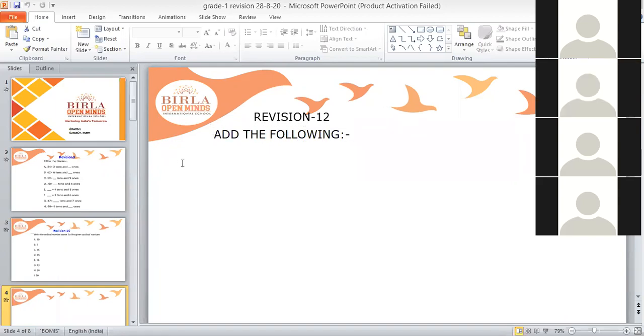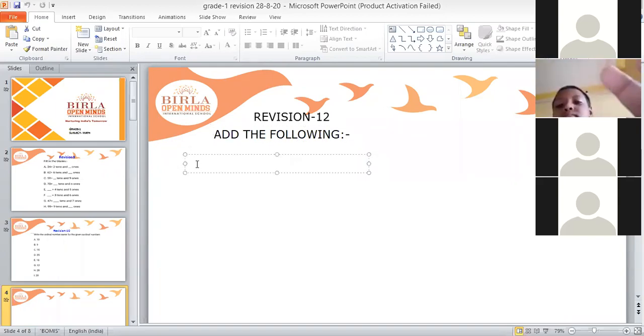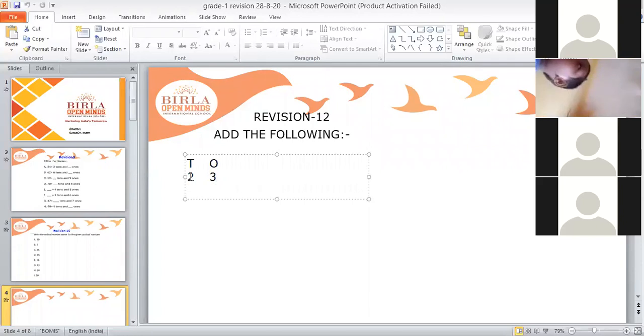Yes, children, now start noting down the question. You have to add the given numbers, okay? So this is 23 plus 14. I'll put the plus symbol later on.